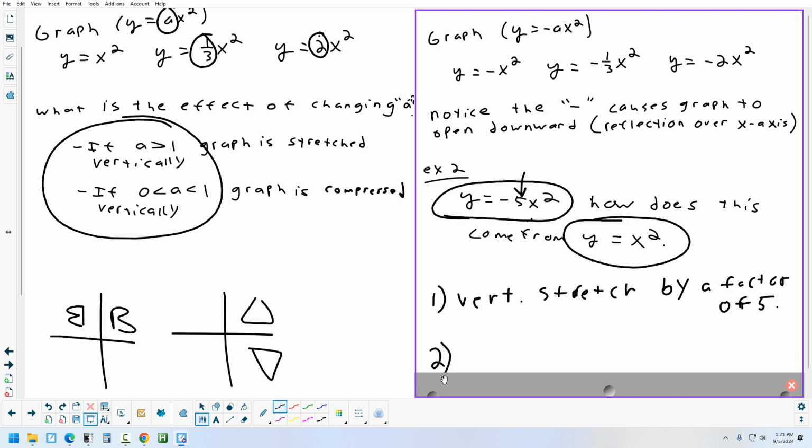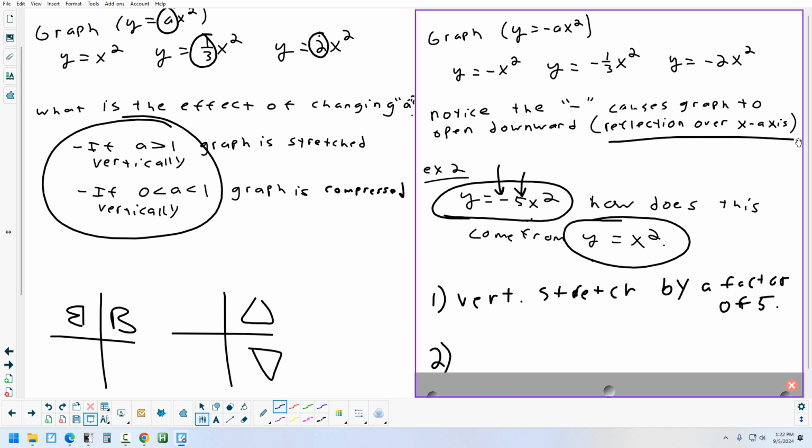Okay, second thing. Second thing is this negative. Can anybody tell me what the negative in front of the 5 is going to do? And remember, this is a negative in the front. So we talked about which axis it's going to flip over. Yeah? The x-axis. Right. This is going to be a reflection over the x-axis.